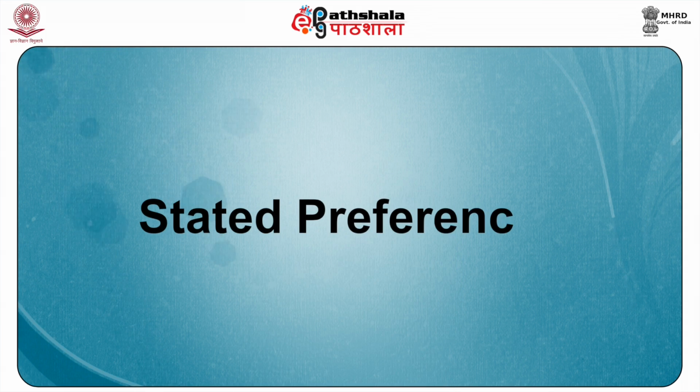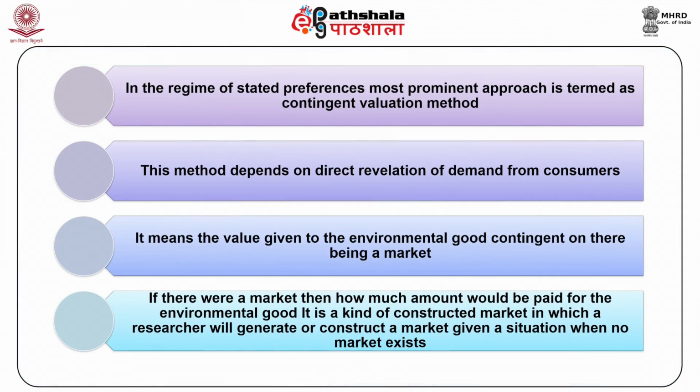Next, we shall discuss the stated preferences. In the regime of stated preferences, the most prominent approach is termed the contingent valuation method. This method depends on direct revelation of demand from consumers. It means the value given to the environmental good is contingent on there being a market.